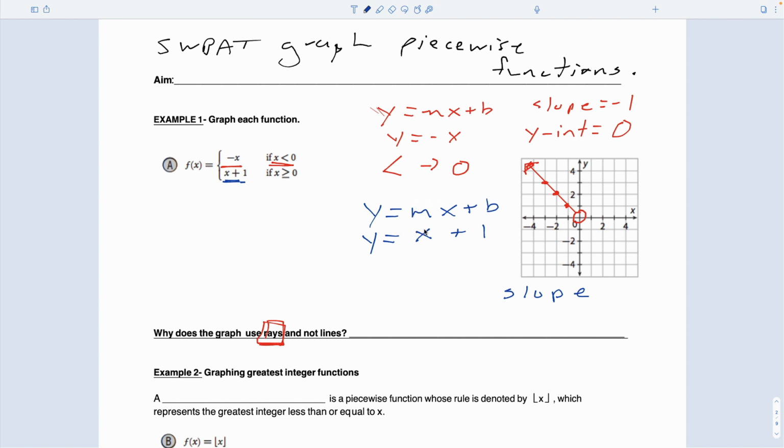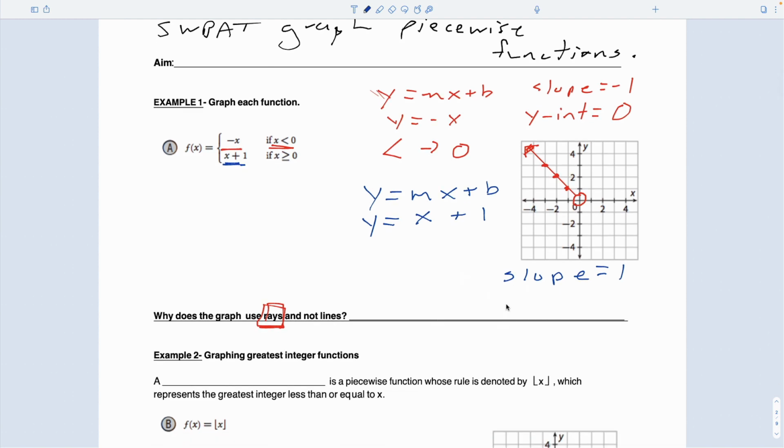What number would go in place of m? Is there a negative in front of here? It's just +1. You can always put a 1 in front of x. You don't need to. Algebraically, they'll kind of leave it as an x. What's the y-intercept, Charles? Look at the b value for our second equation. It's 1. So put a 1.